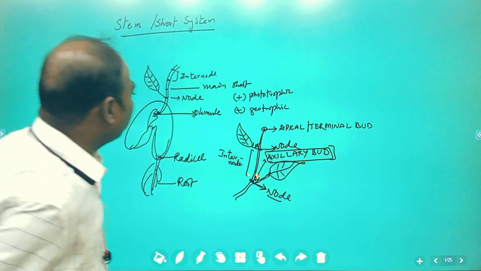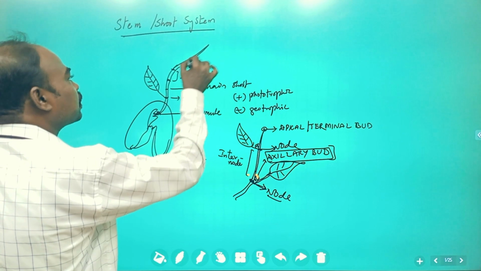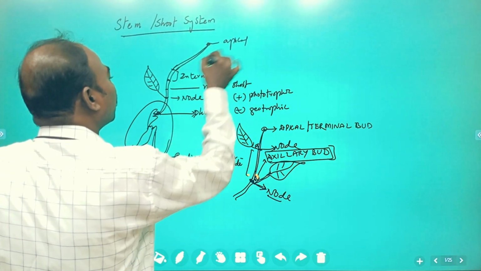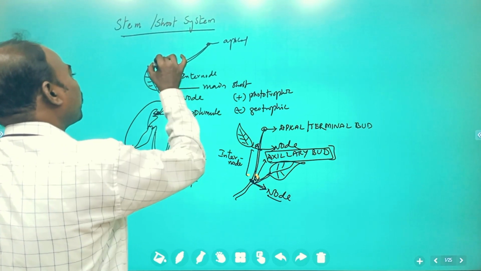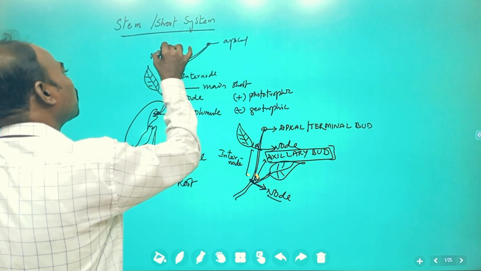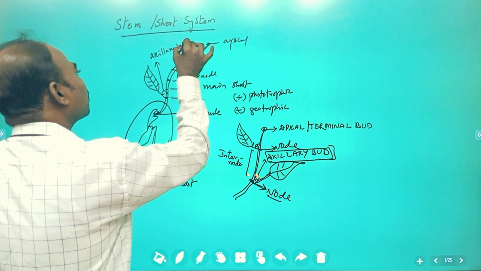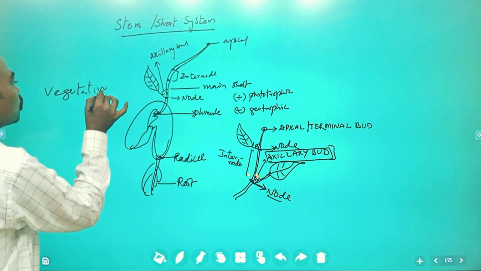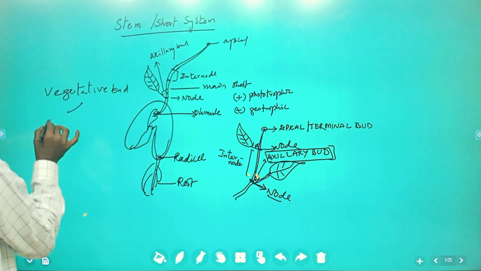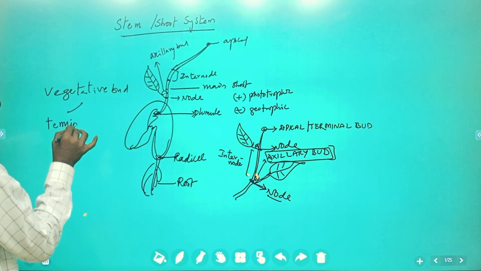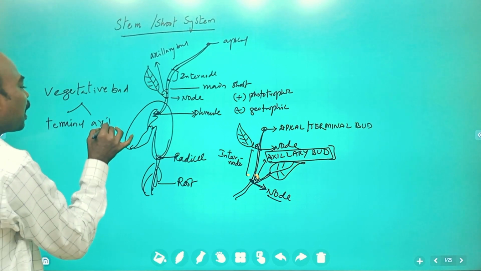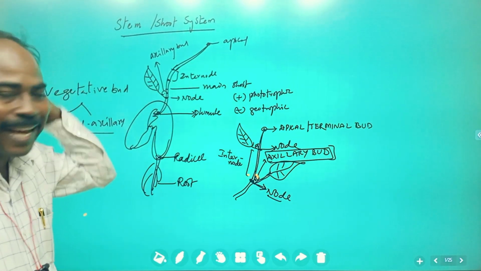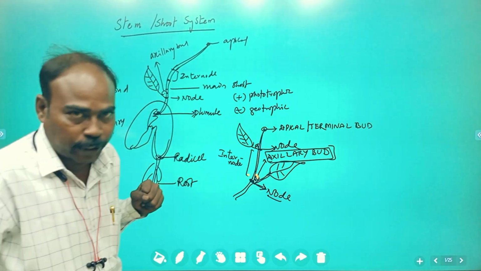So in the aerial stem, two types of buds are found: the apical bud or terminal bud, and in the axils of leaves, axillary buds. Both are said to be vegetative buds, which develop in the shoot tips as well as in the axils.